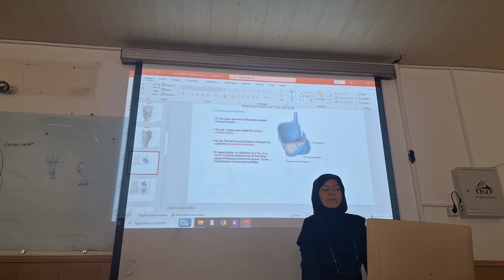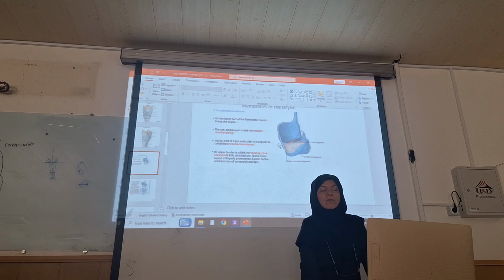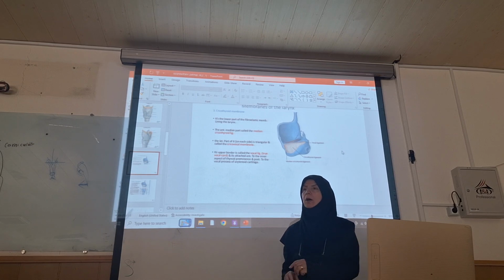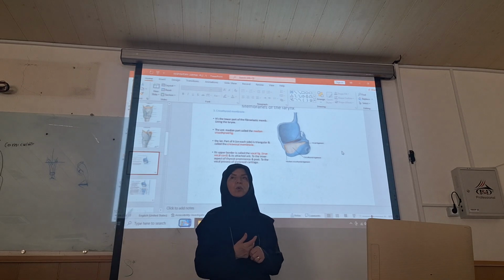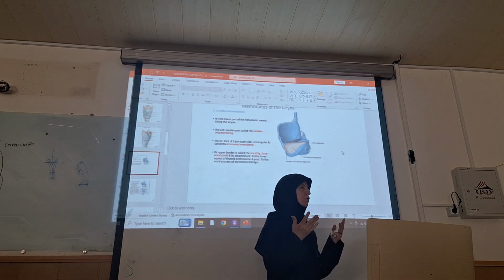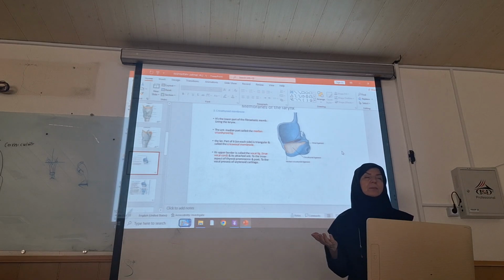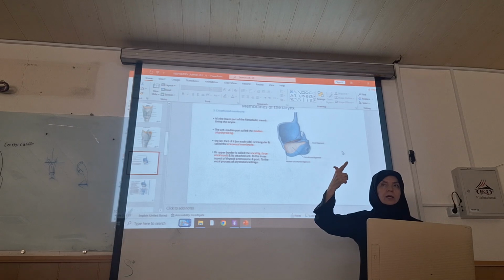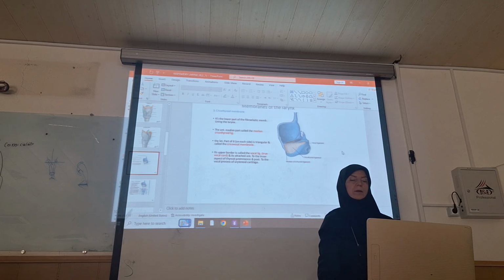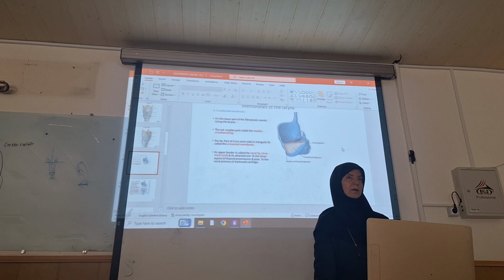Superiorly, it is free between the posterior surface of the thyroid cartilage and the vocal process. This part is free, and it is going to form for us the vocal ligament. So the true vocal cord or vocal ligament belongs to which fibroelastic membrane? Cricothyroid ligament or membrane. Do you have any question here?